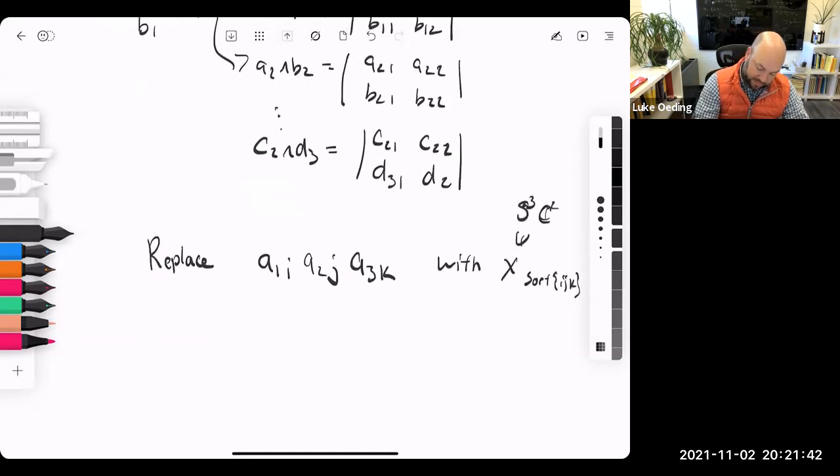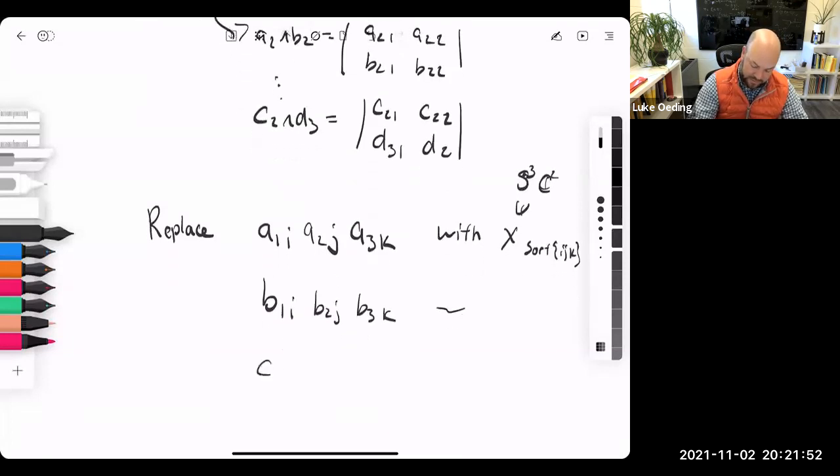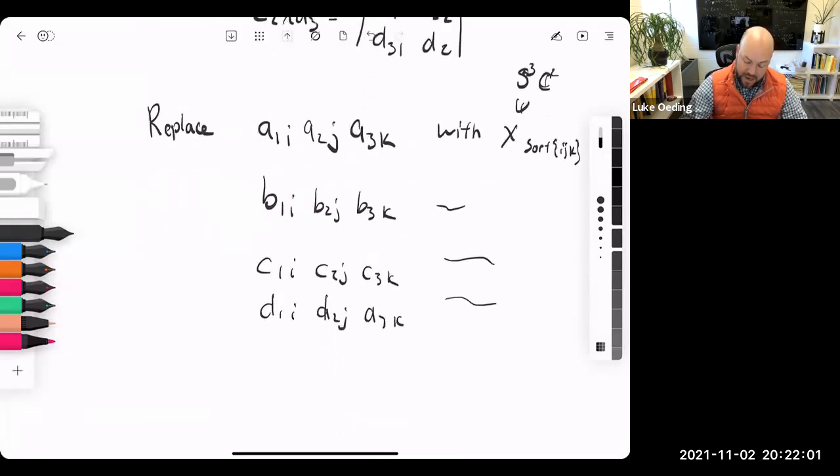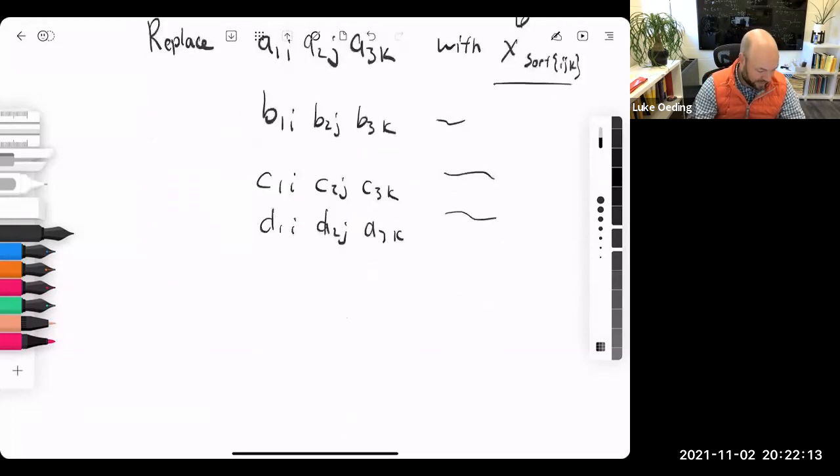And then I'll do that same thing, but now with the letter B, B1, I, B2, J, B3, K with the same thing. And then C1, I, C2, J, C3, K, and then D1, I, D2, J, D3, K, do the same thing. Again, I could evaluate at a given point, every time I plug in a variable for the ambient tensor space, I could plug in a coordinate, or I could try to find the polynomial. If I find the polynomial, I end up with this one, 3x1.